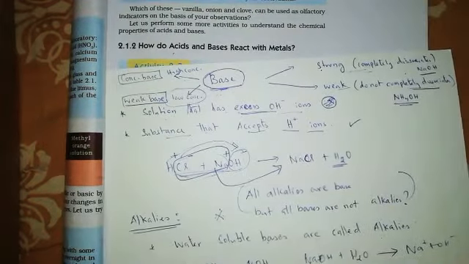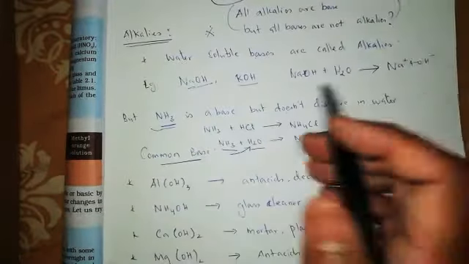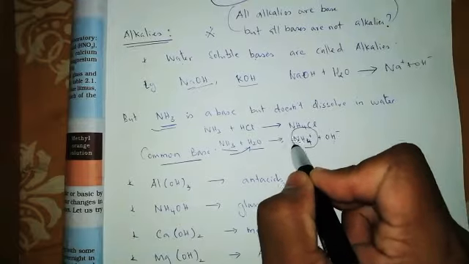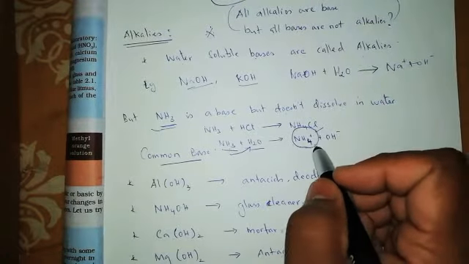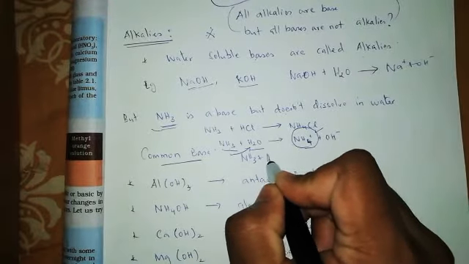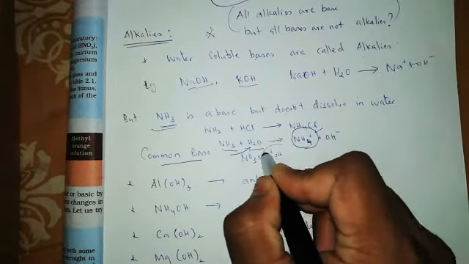A substance that accepts H plus. So it takes one H plus and forms NH4 plus. Now you will understand it. NH3 is there, and H plus OH, that is water.